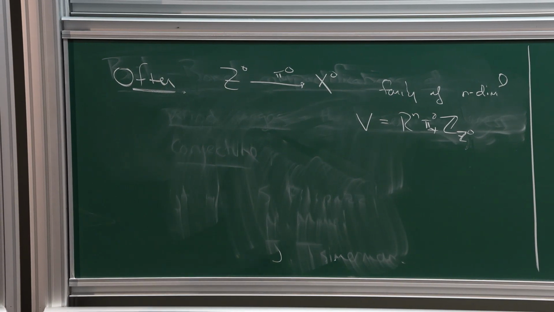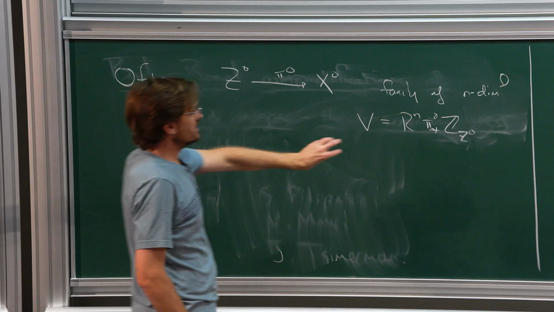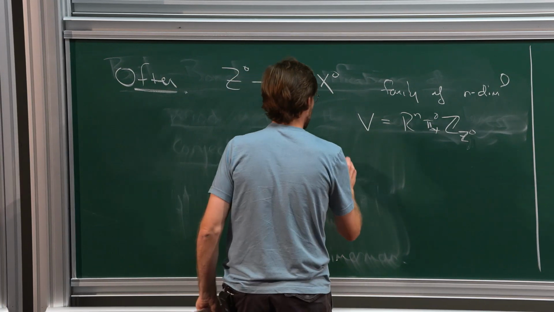And often it's not the Griffiths bundle which shows up geometrically, it's the deepest part of the Hodge filtration here.